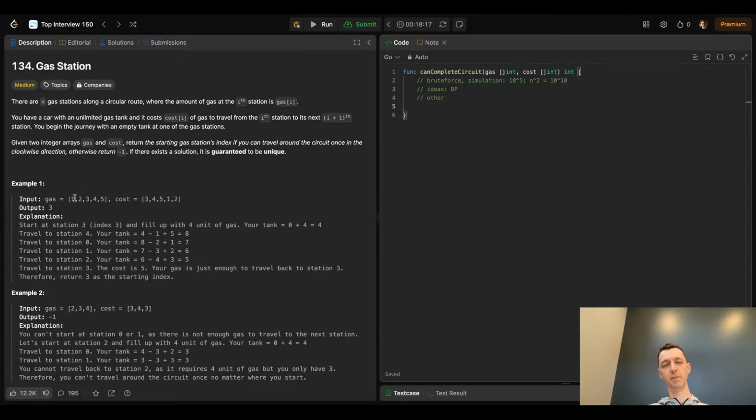If the two have enough gas to travel from one to another, then it's possible.